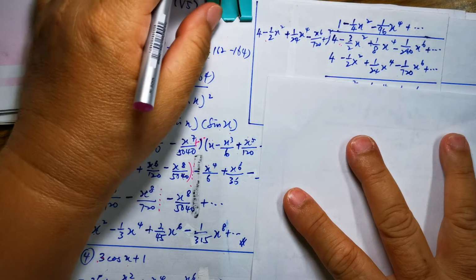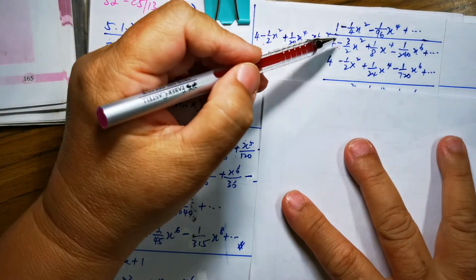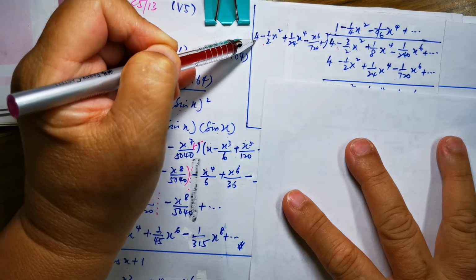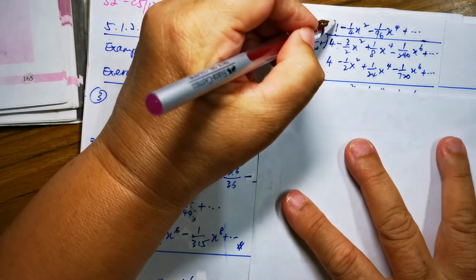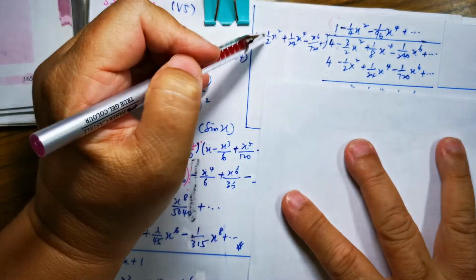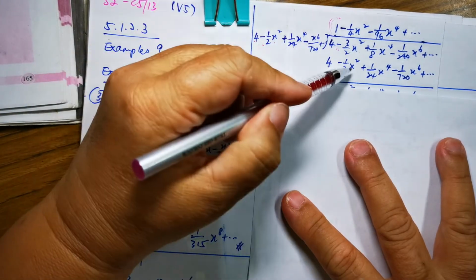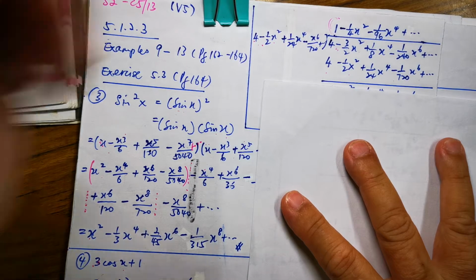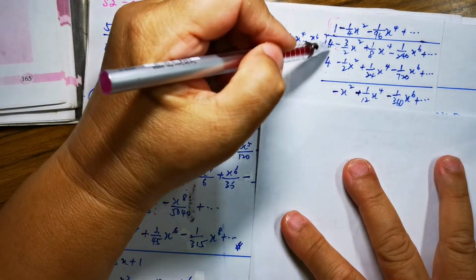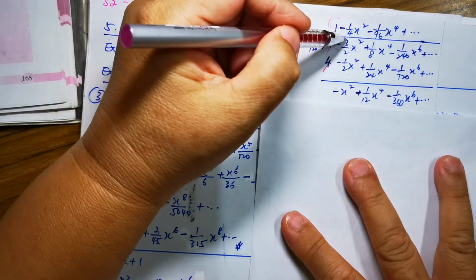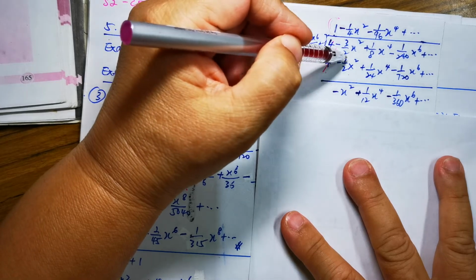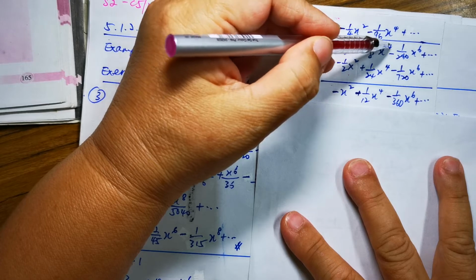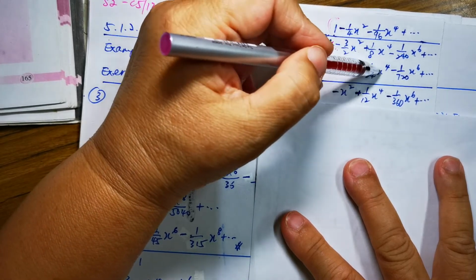I want to eliminate 4, so what is going to multiply 4 to get 4? Of course, it's 1. So 1 multiply 4, 1 multiply half x squared, and so on. Then we minus them. 4 minus 4, no more. Negative 3 over 2 minus negative half, so you get negative x squared. 1 over 8 x power 4 minus 1 over 24 x power 4.